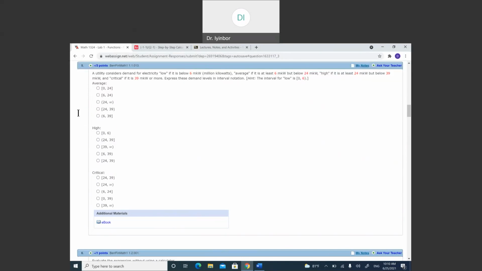So here they give you different words, like the range for low, for average, for high, for critical. And they give you the hint, the interval for low is from 0 to 6. So what they're asking you here is just to represent the given numbers with interval notation.